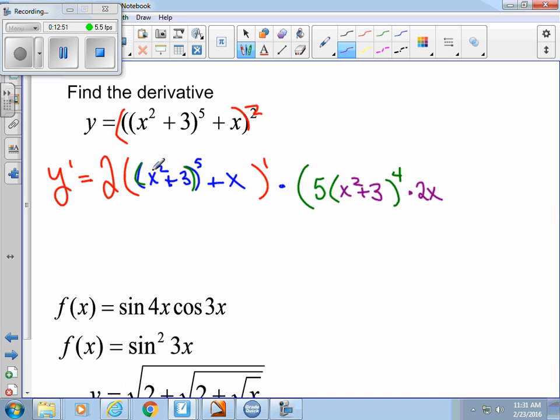Would you agree I'm finished with the first part here? Okay, and then what's the derivative of x? Plus 1. So that was a chain rule inside a chain rule. Why does it have plus 1? What's the derivative of x?